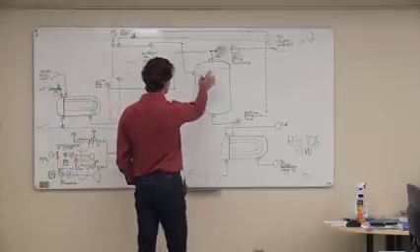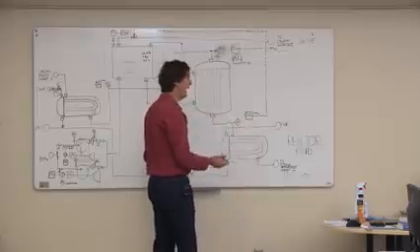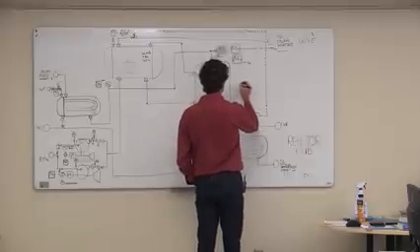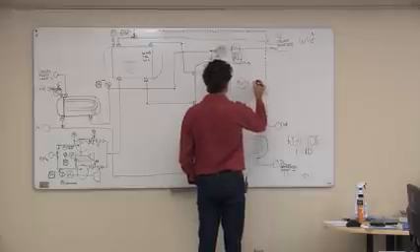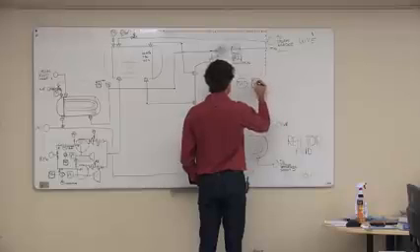The other thing we might be worried about on this reactor is differential pressure. So if the catalyst is doing something funny, we might want to know that. So let's put a pressure differential indicating transmitter in with a signal into the DCS. So a pressure differential indicator in the DCS, like that.